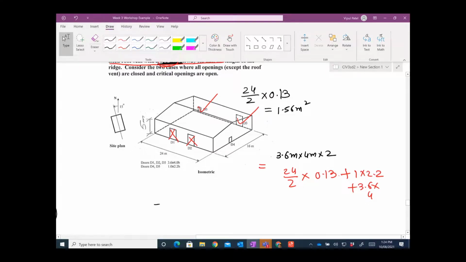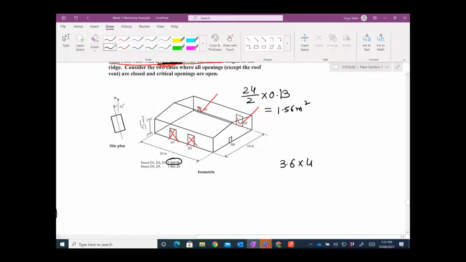This door D3, the area of door D3 is 3.6 times 4. You get 14.4 meters square.